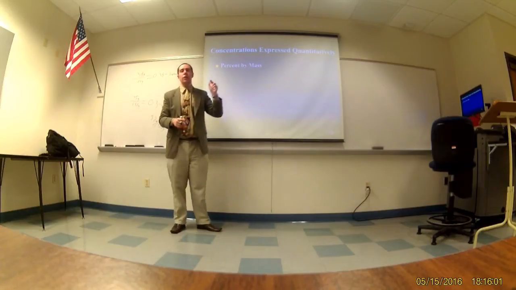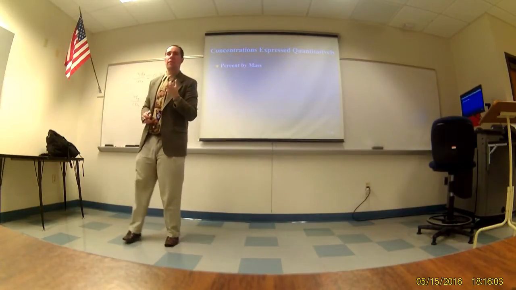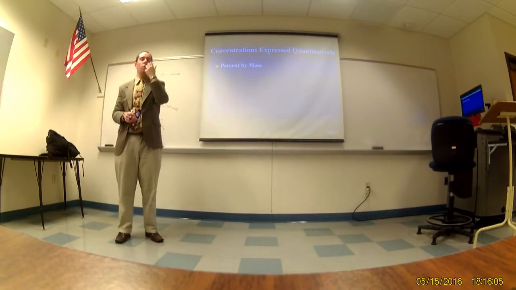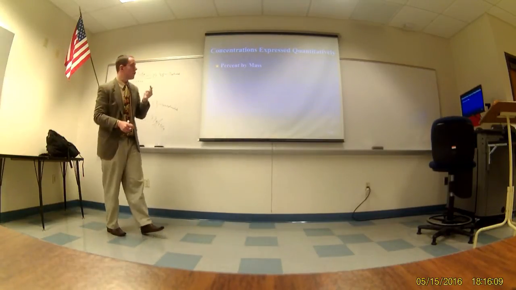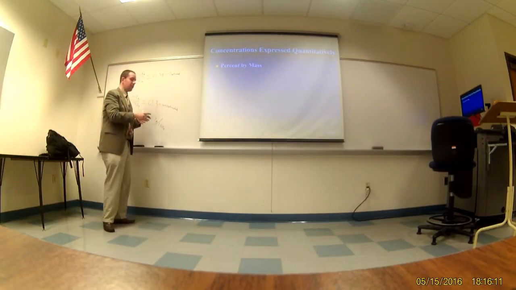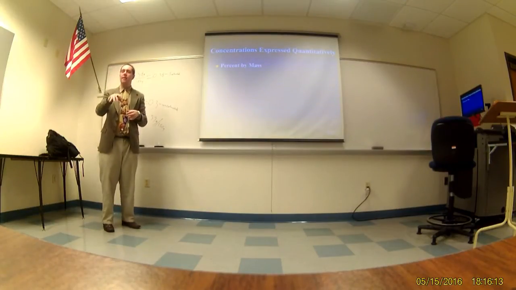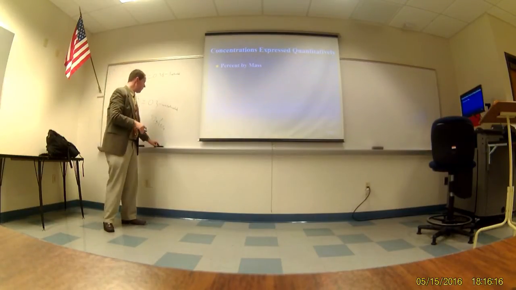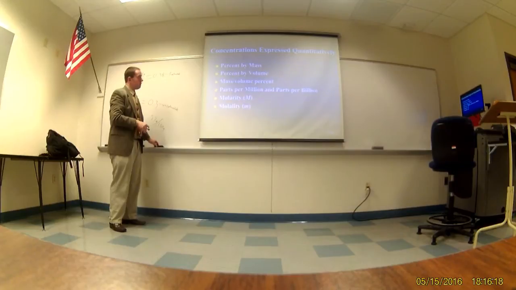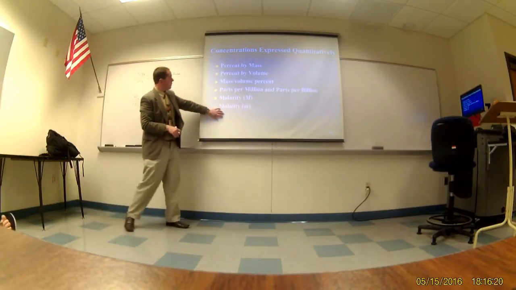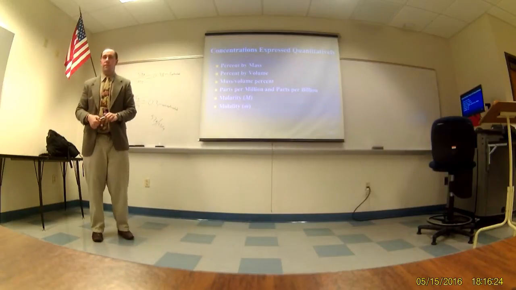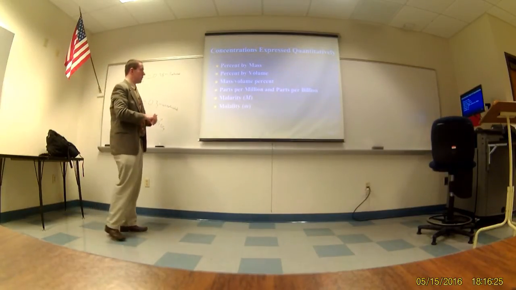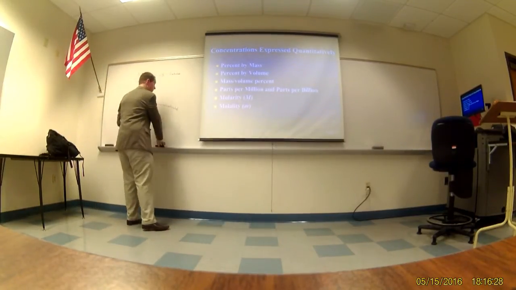When we talk about concentrations, we can put measurements on them. We can do more than just say unsaturated, saturated, or supersaturated. We can write exactly how concentrated they are. And there are 6 different measurements that we can do. We're going to go through each of them.